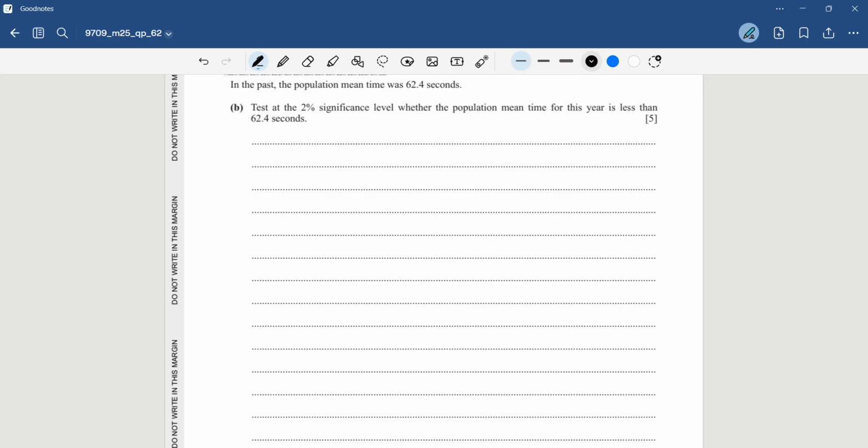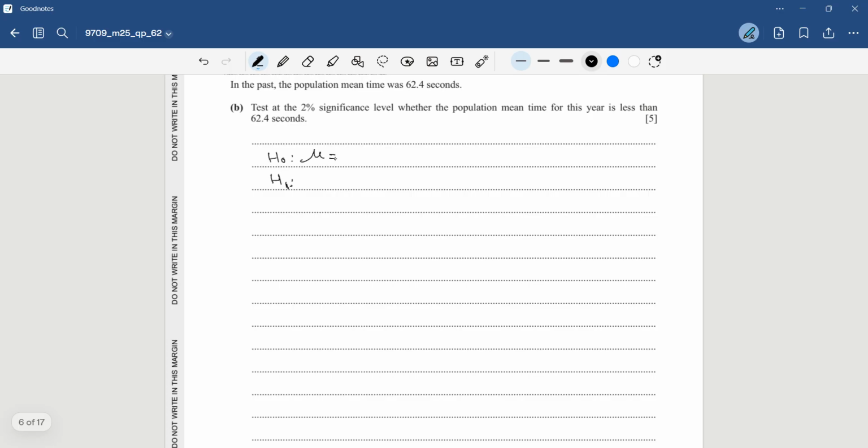Here they are asking us to do hypothesis testing, where you need to come up with your H null and also H alternate. You can write population mean, but normally I don't prefer to write the long things, so I just make it mu.